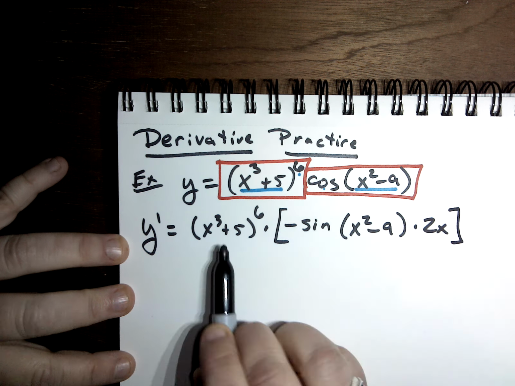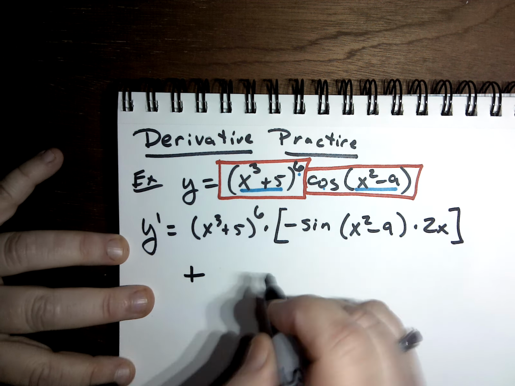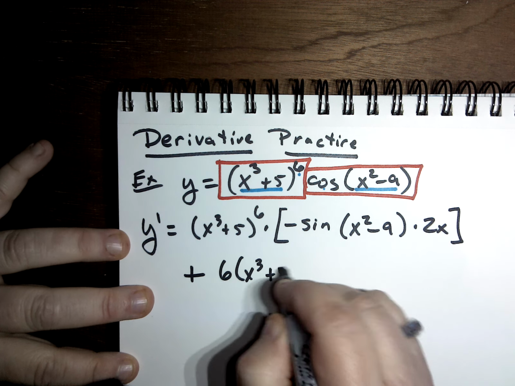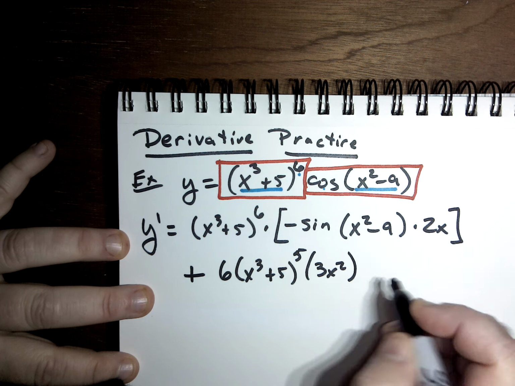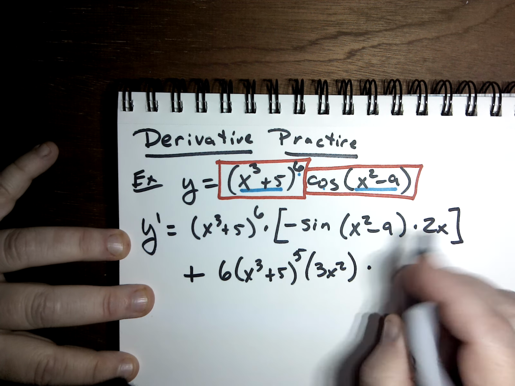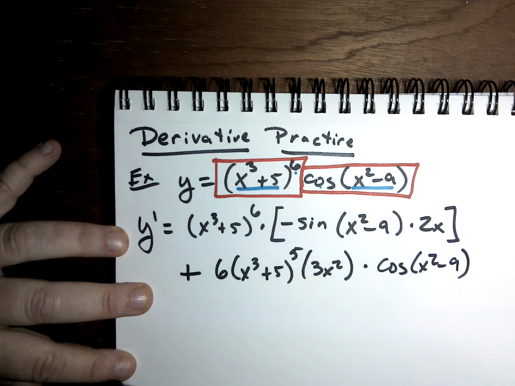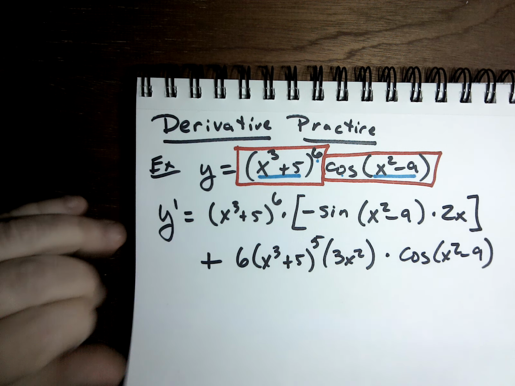So I have the first times the derivative of the second plus, now I'm going to take the derivative of the first one, 6x cubed plus 5 to the 5th times 3x squared times, now I'll leave the second guy alone and just copy it over. And that's the answer. And we're not going to simplify it because yuck.